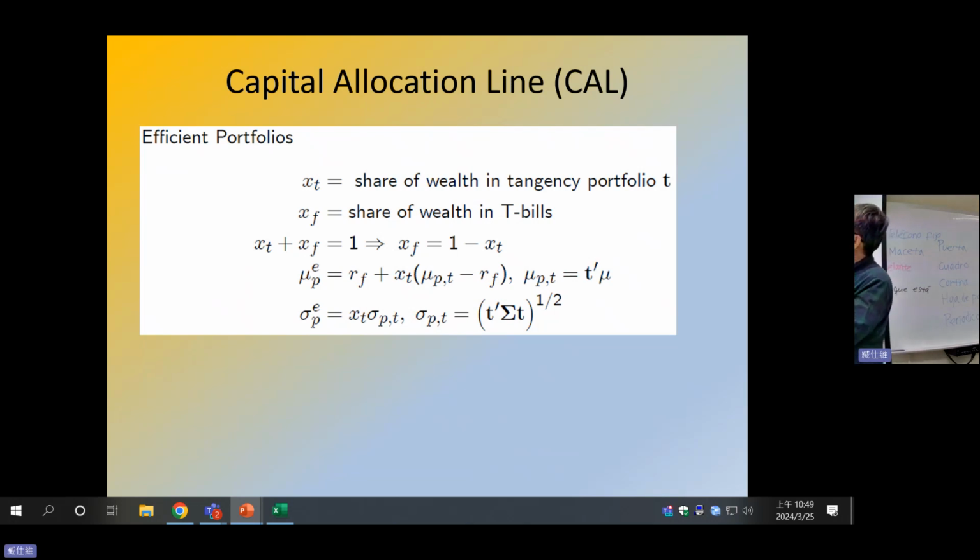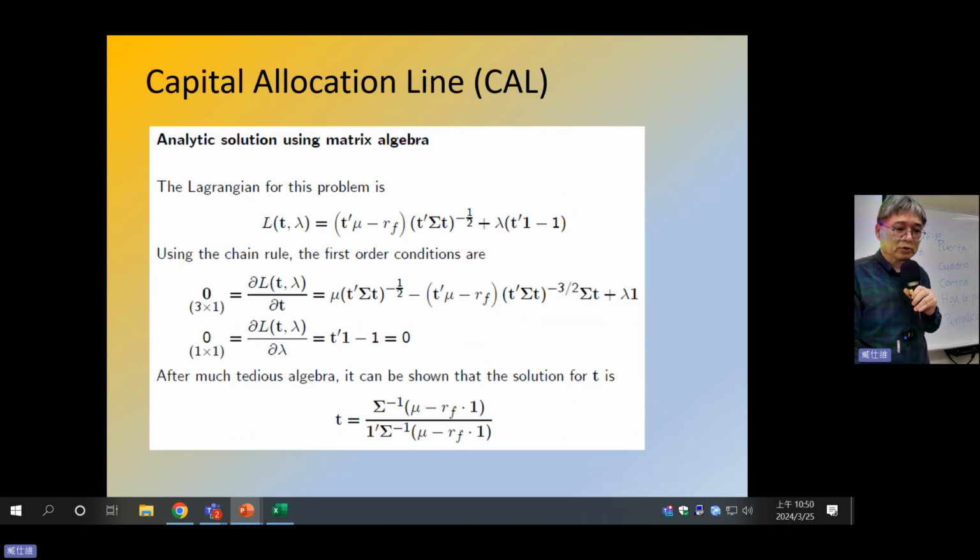Okay, so how to find the mu_PT? First of all, we need to find the tangency portfolio weightings, which is t. So we can calculate this value. So the first step here, just like I mentioned, you need to find the solution of t. How to derive the t? You just plug in the formula.